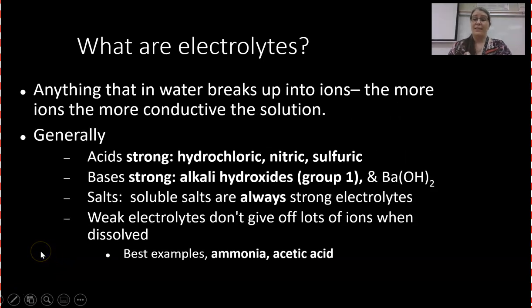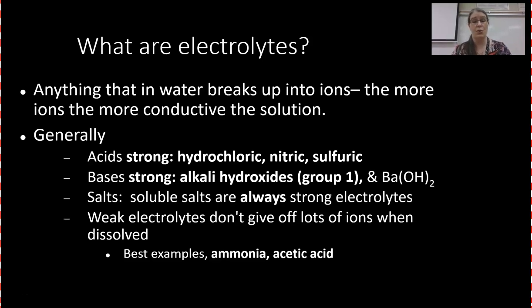Anything in water that does break up into ions is an electrolyte. And the more ions you have in the solution, the more conductive the solution is. So generally things that we'll think about as electrolytes are, of course, our acids and bases, especially our strong acids and strong bases. Some really common strong acids you might recognize: hydrochloric acid, nitric acid, sulfuric acid.